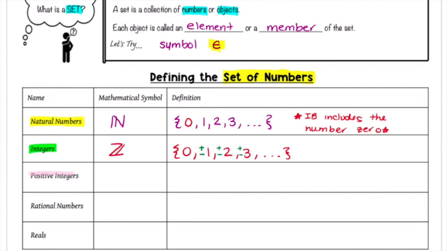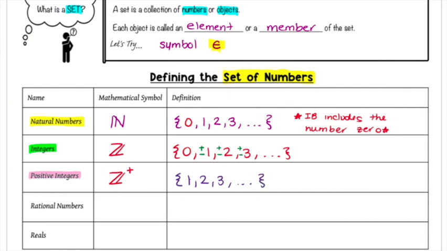The positive integers. So how do I refer to the positive integers? The mathematical symbol looks exactly like the integers, but will have a little plus on top. The positive integers are all of the positive numbers, so 1, 2, 3, and so forth.